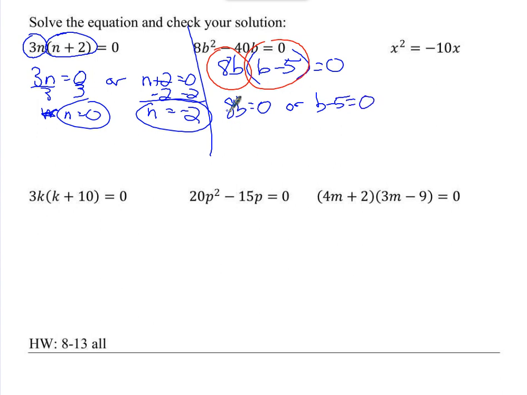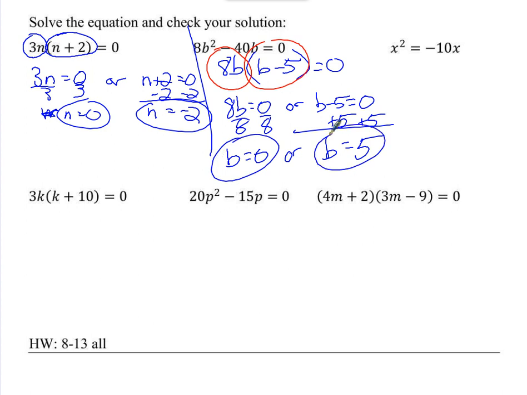So, what do we do here? Okay, and what do we get? b equals 0, or what do we do here? Add 5 to both sides, and we get b equals 5. Two answers, b equals 0 or b equals 5.